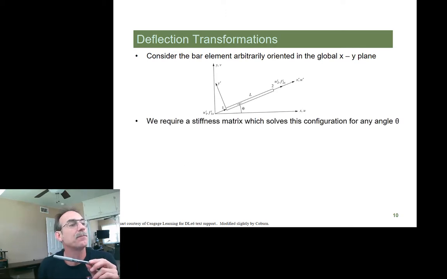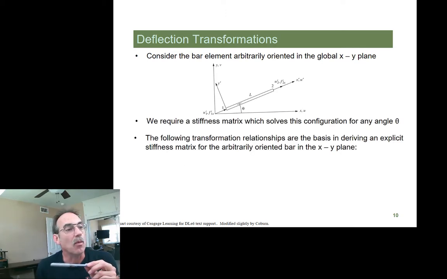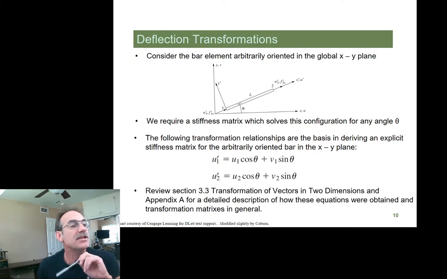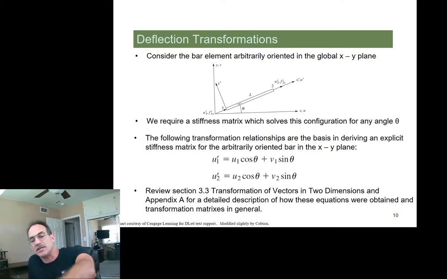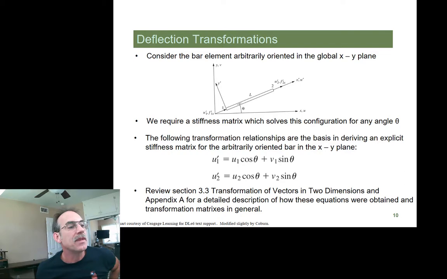If we write that, we see that the x and y coordinates are simply trig functions. If we define our local coordinate system, the position u1 with no prime is going to be our global coordinate, and with a prime is going to be our local.